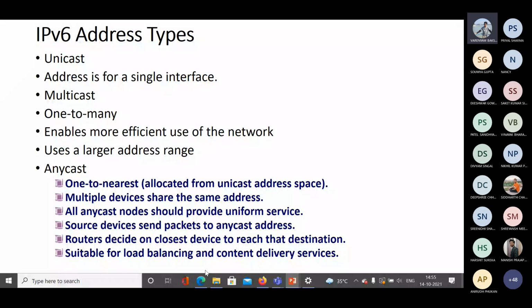This kind of anycast address is suitable for load balancing and content delivery services, where you have to deliver particular content to many addresses, and if they can share the same address, it becomes easier.